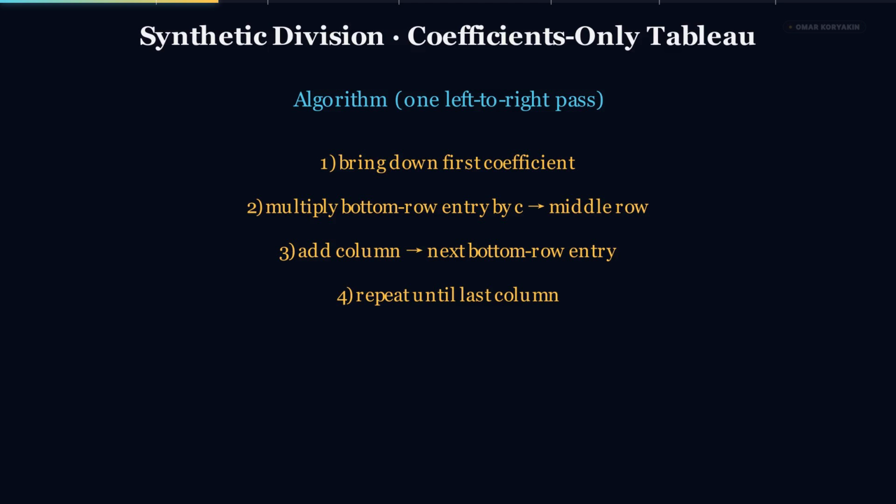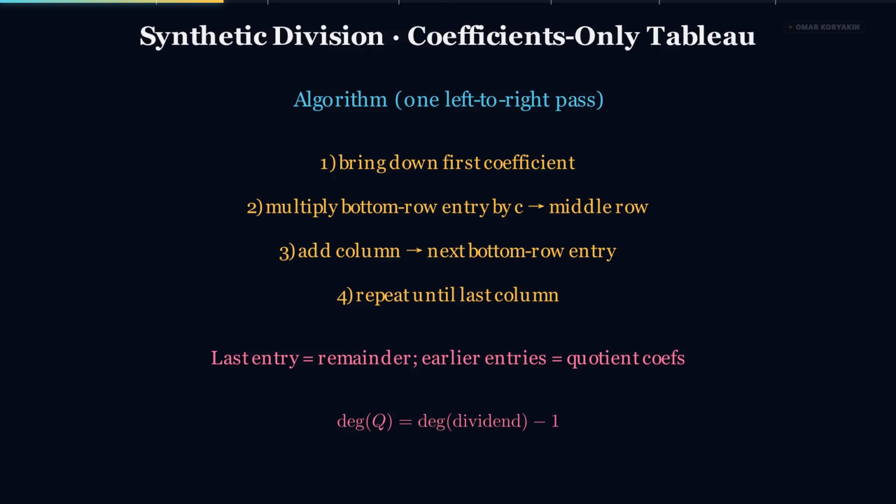The earlier bottom row entries, read left to right, are the coefficients of the quotient polynomial. Result interpretation. If the dividend has degree n, the quotient has degree n minus 1. Read the bottom row entries except the last as the coefficients of the quotient in descending exponent order. The last entry is the constant remainder. The full division statement is dividend equals quotient times the quantity x minus c plus remainder.